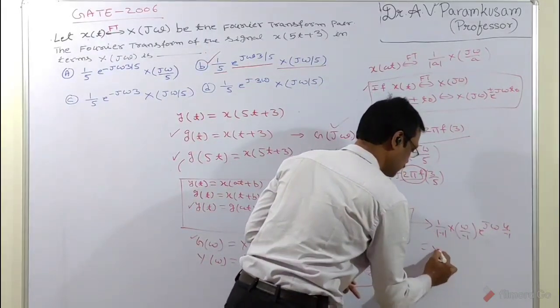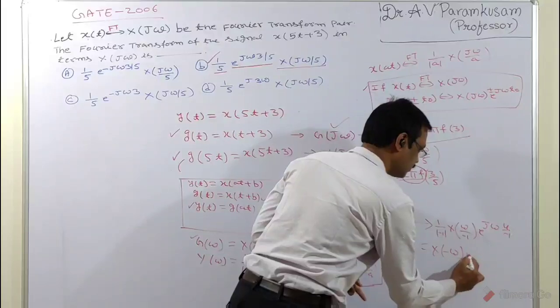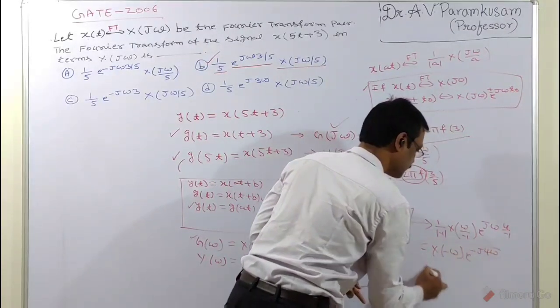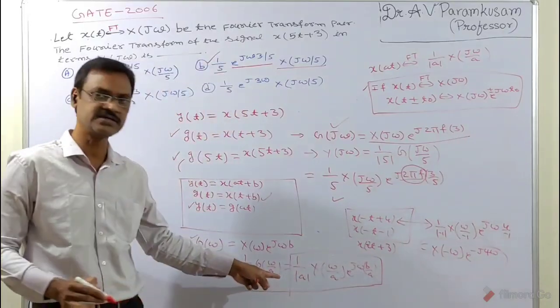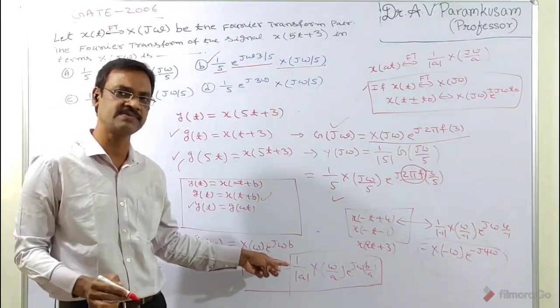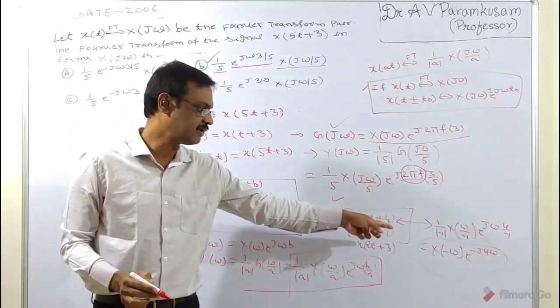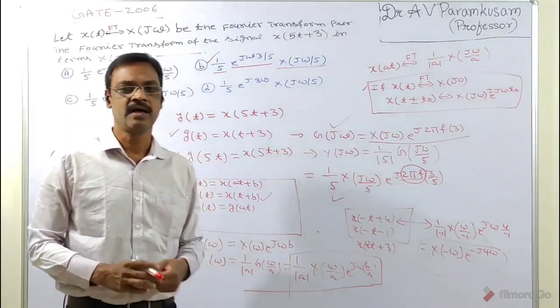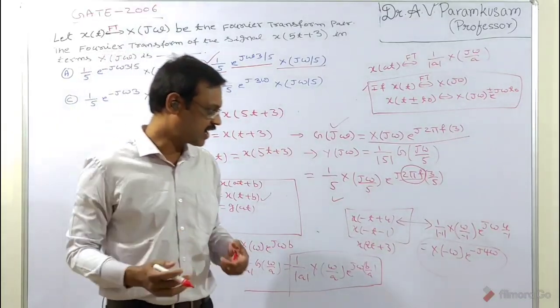So this is equal to X of minus omega into e power minus j 4 omega. Simple. This expression includes both the time shifting as well as time scaling. You can write the Fourier transform for that signal directly. So this is the explanation.